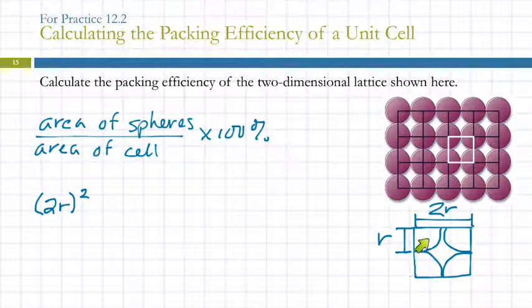Now, how much of that is actually occupied by the spheres? Well, this is 1/4 of a circle, and this is 1/4 of a circle, and 1/4 of a circle, and 1/4 of a circle, right? So there's one full circle in that square. If you cut these out and put them together, you could make a circle, right? So there's one circle. What's the area of the circle?